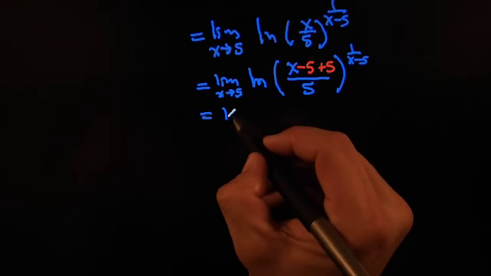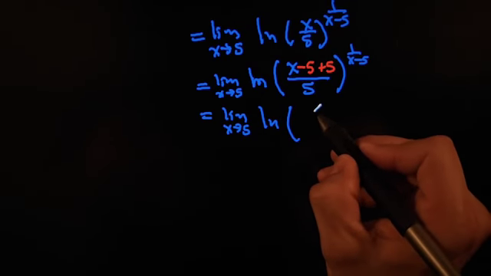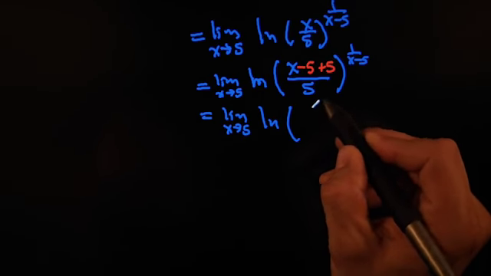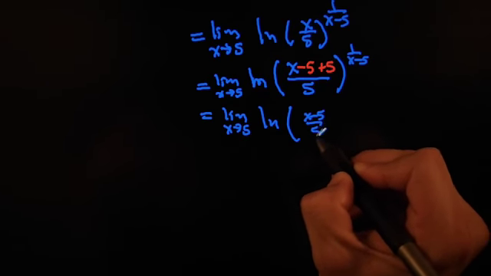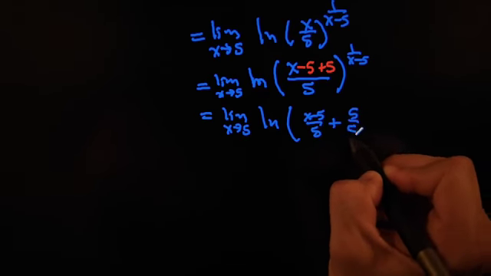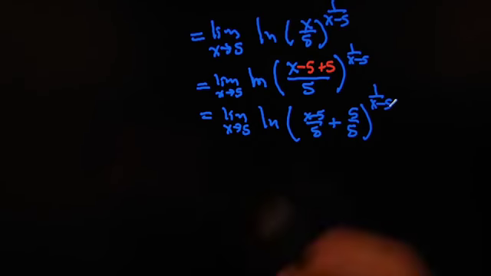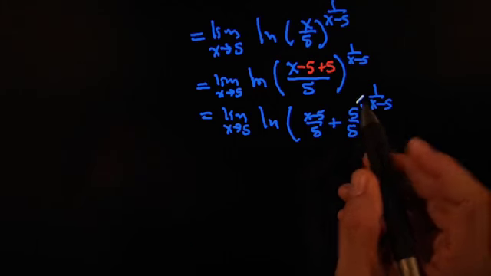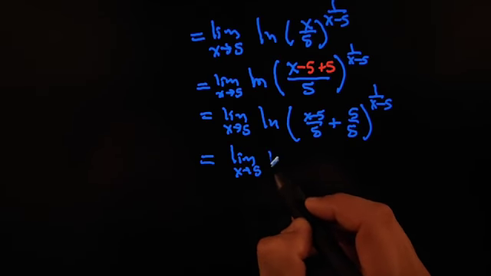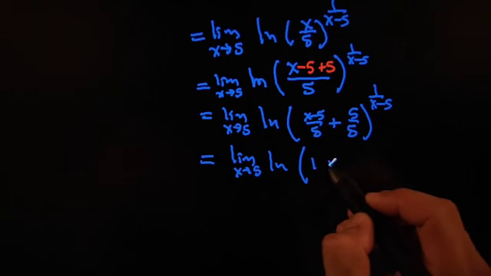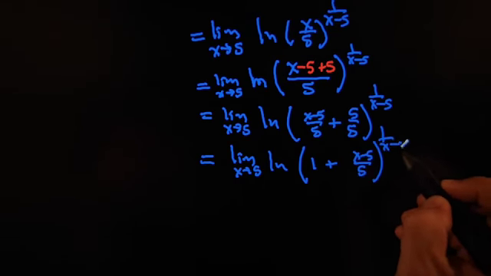That would become the limit as x goes to 5 of ln of x minus 5 all over 5 plus 5 over 5. I'm splitting it because I'm going to get 1 here, and that will give me the limit as x goes to 5 of ln of 1 plus x minus 5 over 5 raised to the 1 over x minus 5.